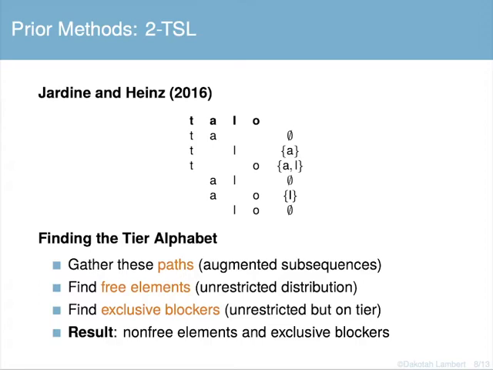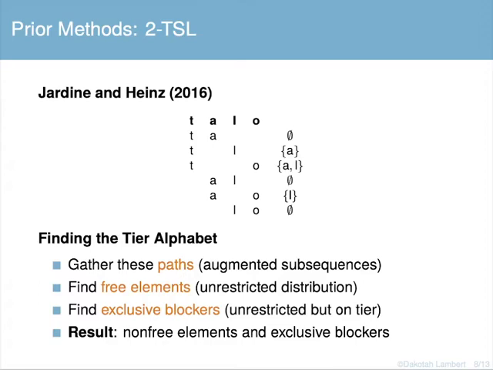They refer to these as paths. I will call them augmented subsequences. So, for instance, the word talo contains TA with no interveners, TL intervened by A, and TO intervened by A and L. AL with no interveners, AO intervened by L, and LO with no interveners.